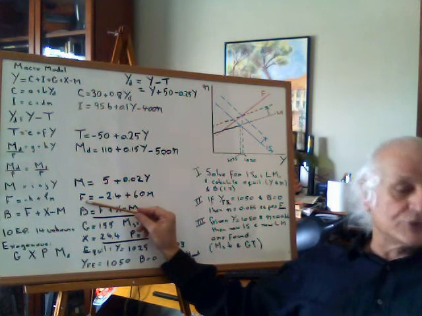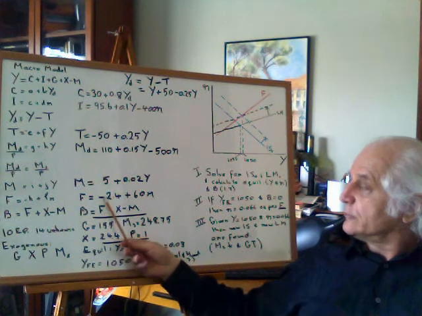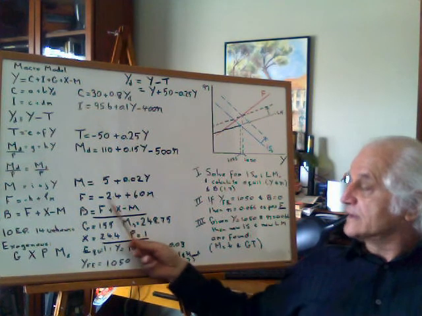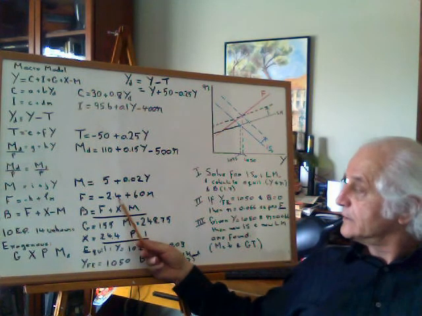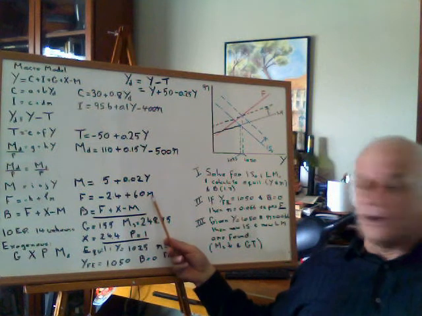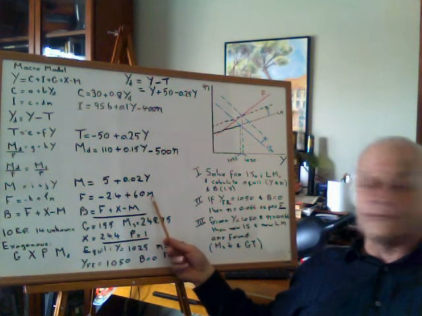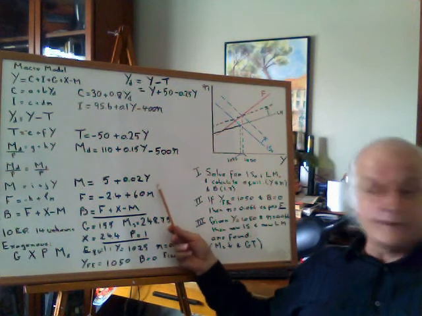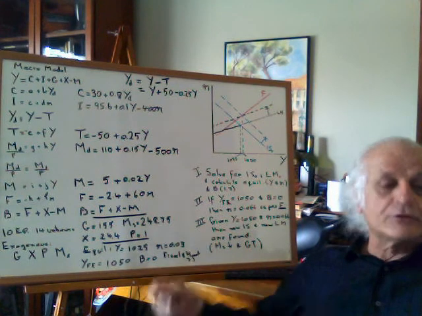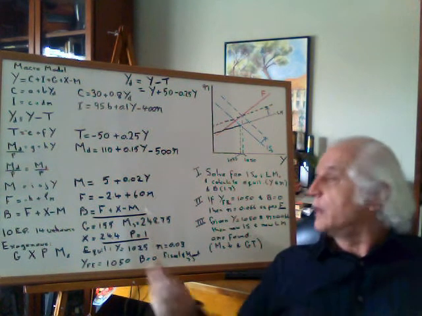Then the financial flows, they're going to be again, in this case, a negative intercept plus 60R. Again, they're going to be related to the level of interest rate. The higher my interest rate, the greater is going to be the level of financial flows into my economy.